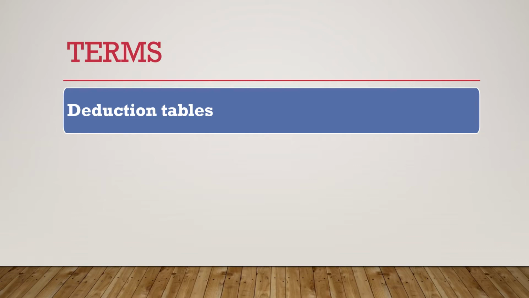A deduction table is a tool that we use to calculate income tax, employment insurance, and Canada Pension Plan. It makes work easy for payroll practitioners to get the right answer at the right time. So they use it as a tool to calculate those amounts before they submit them to the government.